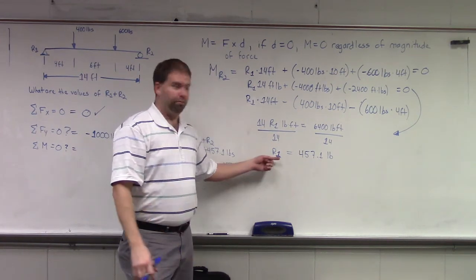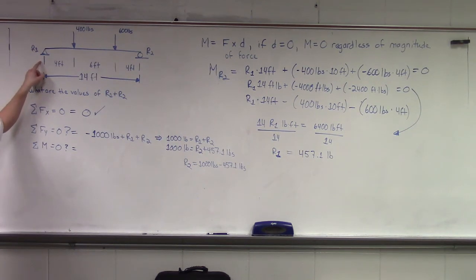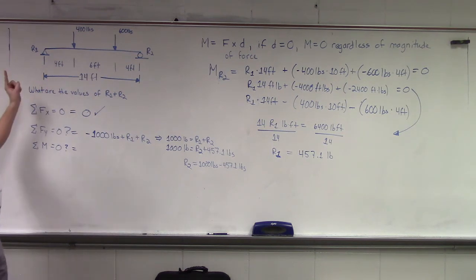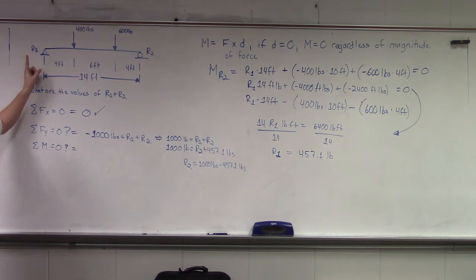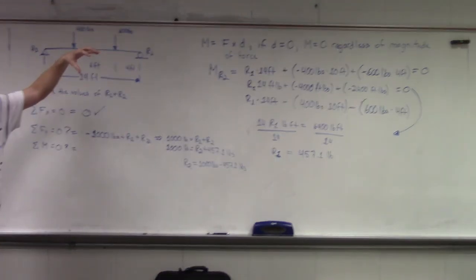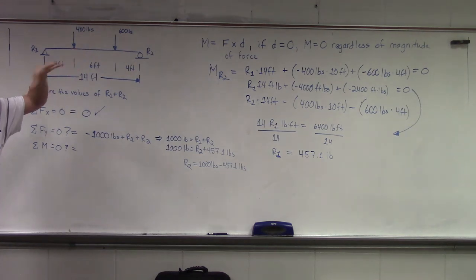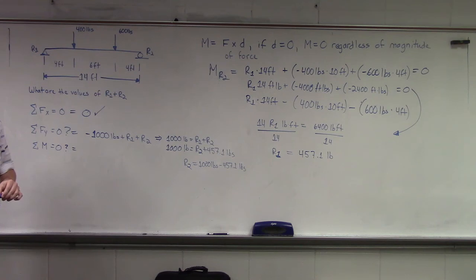But if our reaction at 1 can only support 400 pounds in the vertical direction, it's going to get ripped right out of that location. It's not going to be pulled straight up. It's going to be rotated out of place. Does that help visualize what we're after with this?